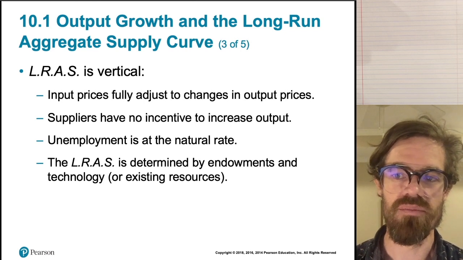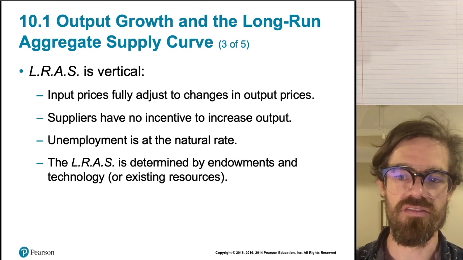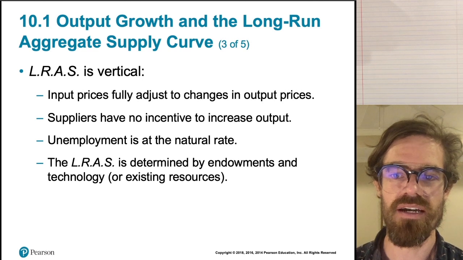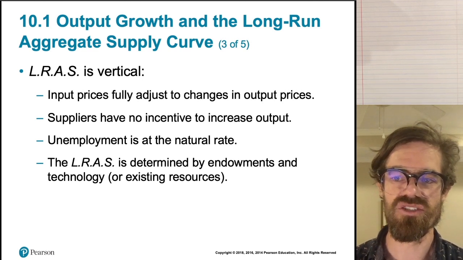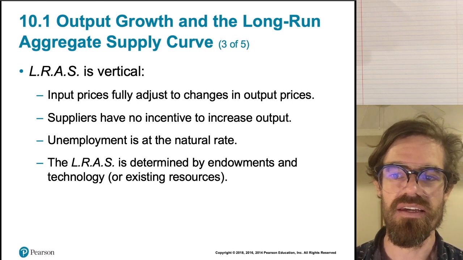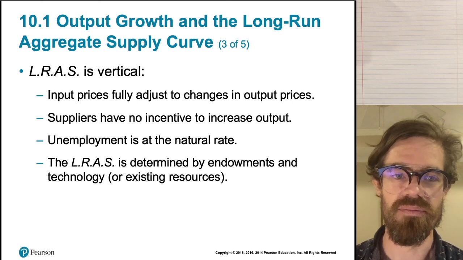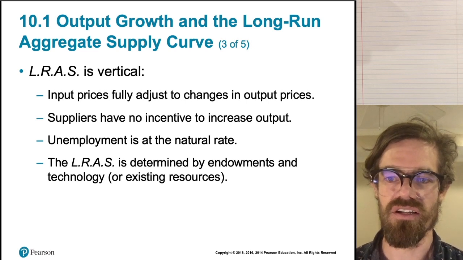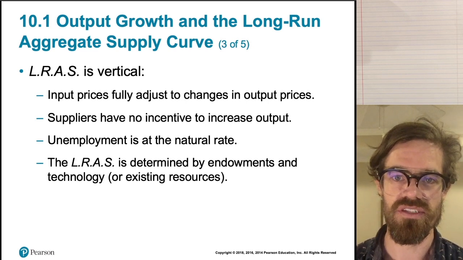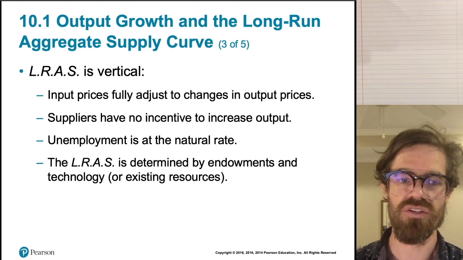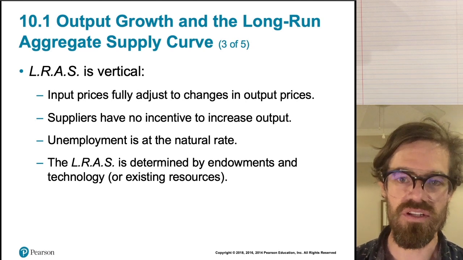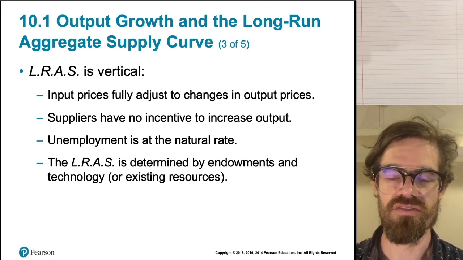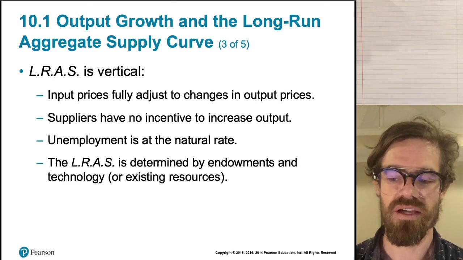And then furthermore, unemployment is at the natural rate. We have full employment in the economy. And the long run aggregate supply curve is solely determined by the resources in the economy, in other words, by endowments and technology. The existing resources in the economy: what can those resources produce? If we're fully utilizing those resources, then we have long run aggregate supply.